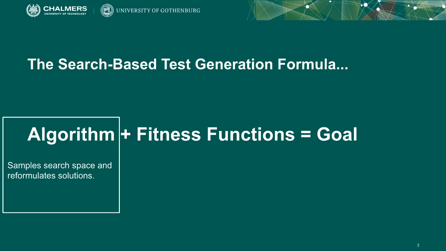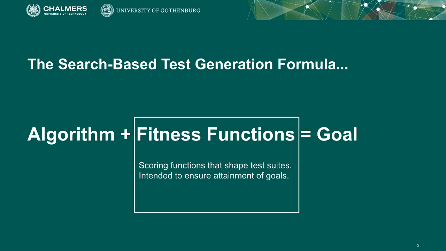An optimization algorithm systematically samples the space of possible test input in search of a solution to that goal, guided by feedback from one or more fitness functions, scoring functions that judge the optimality of the chosen input. During this search, the fitness function embodies the high-level goals of the tester. Feedback from fitness functions will shape the resulting test suite, and we choose fitness functions based on their suitability for the goals that we are interested in.